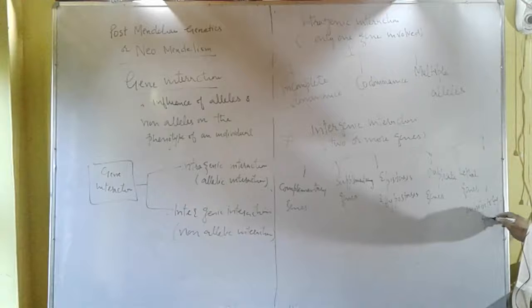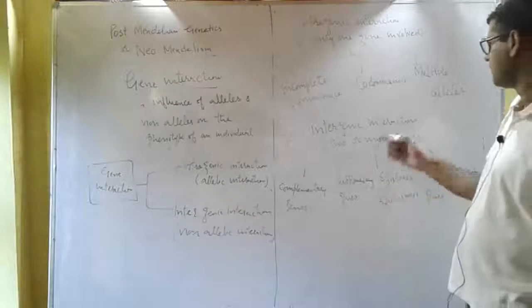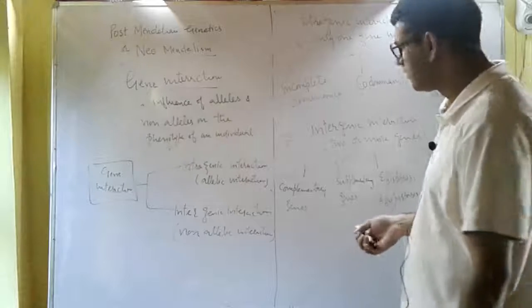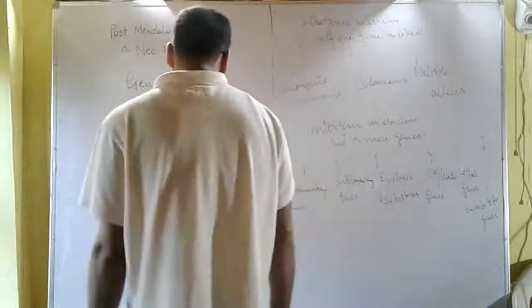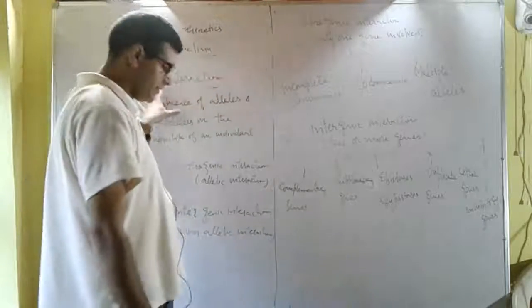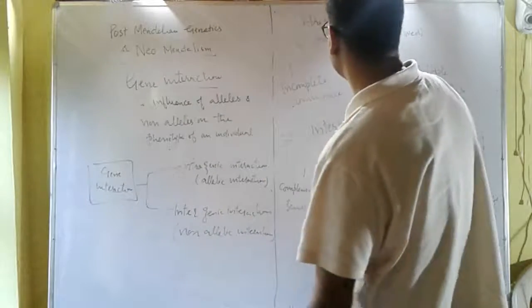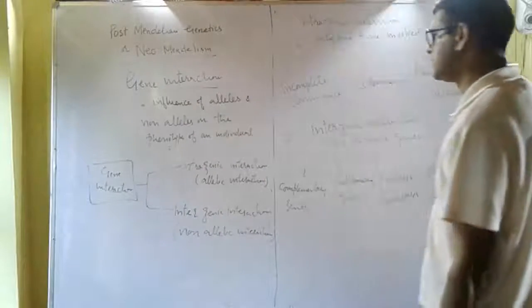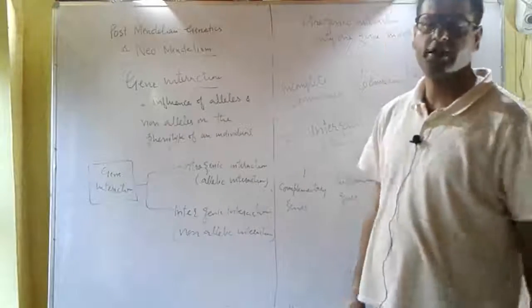So these are some of the instances of intergenic interaction. So what is gene interaction? Gene interaction is simply the influence of alleles and non-alleles on the phenotypic expression of an individual. It can be of two types.